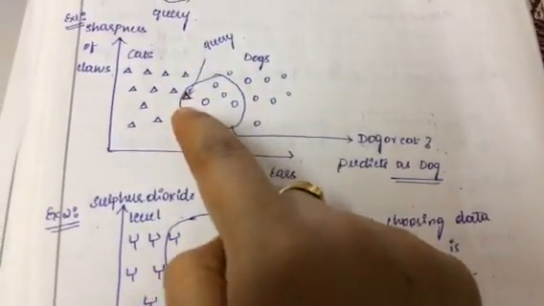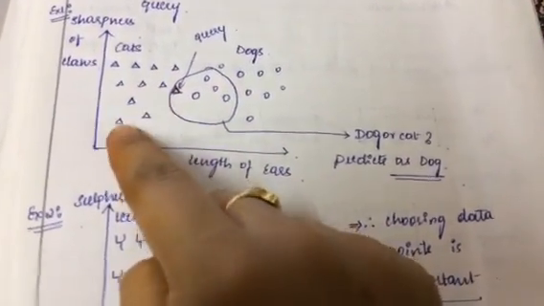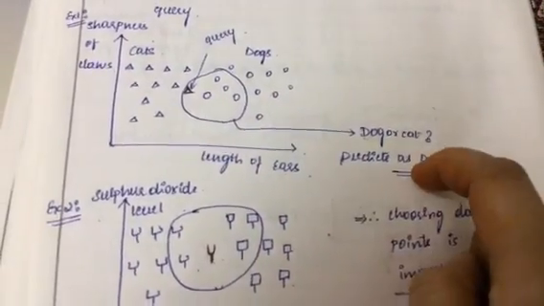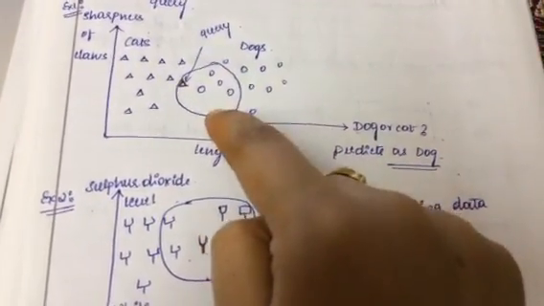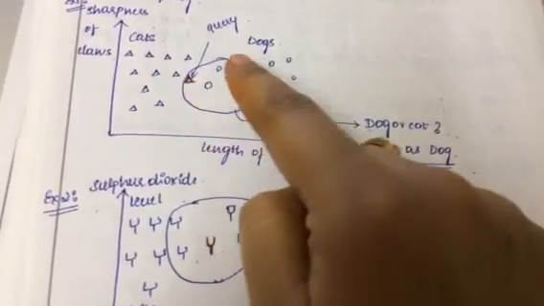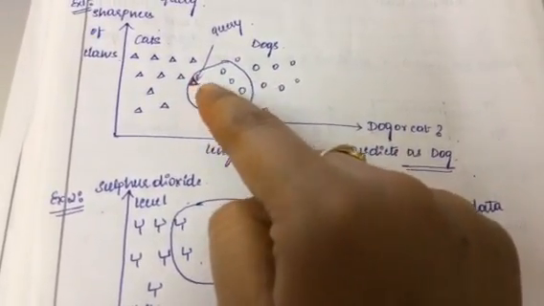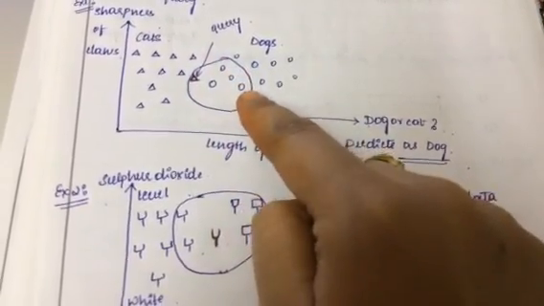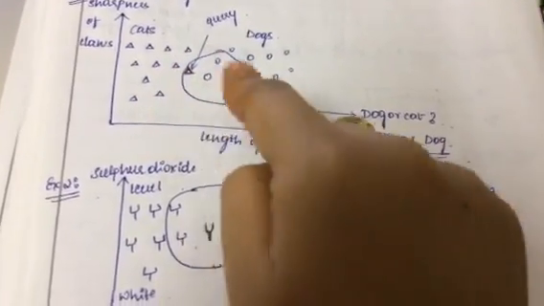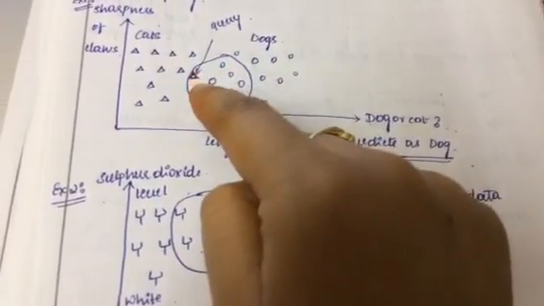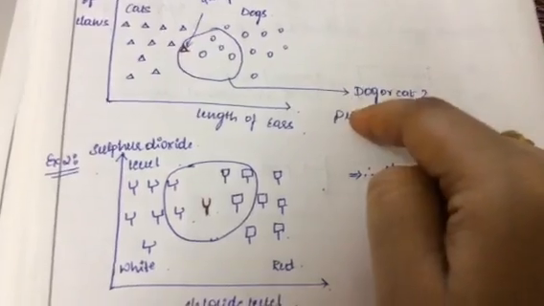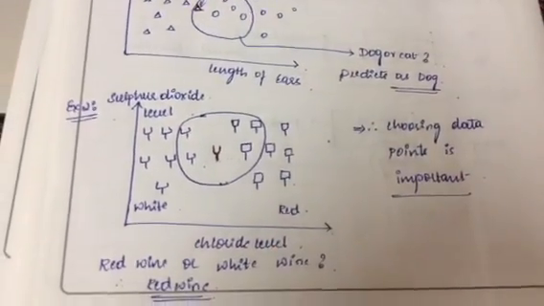But what I know is that actually it should belong to a cat, but the machine is classifying it as a dog. It is purely based on the distance or the k value. Here I have considered a k value of 4: I have chosen the nearest 4 neighbors and predicted it as a dog. Let's see the next example.